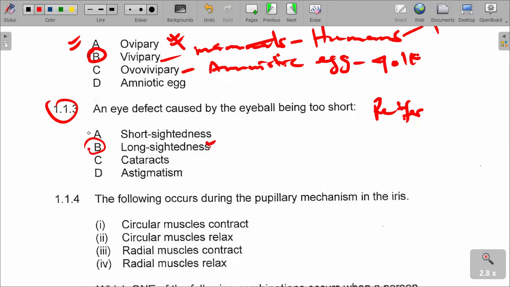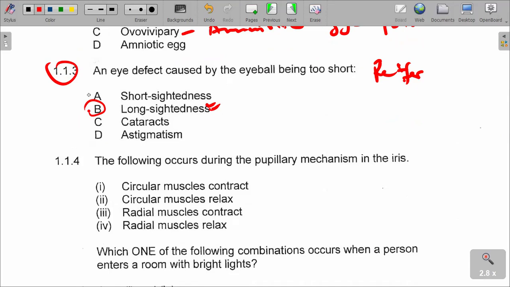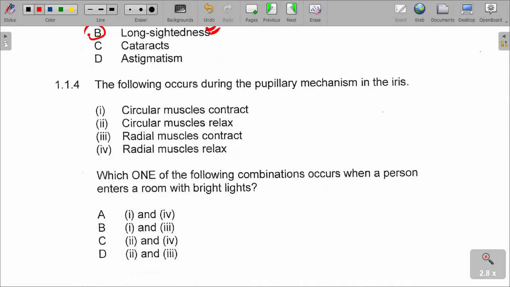I have an illustration which is also well described there. Cataracts have to do with the clouding of the eye. Astigmatism has to do with the unevenness of the cornea. So the answer is long-sightedness.